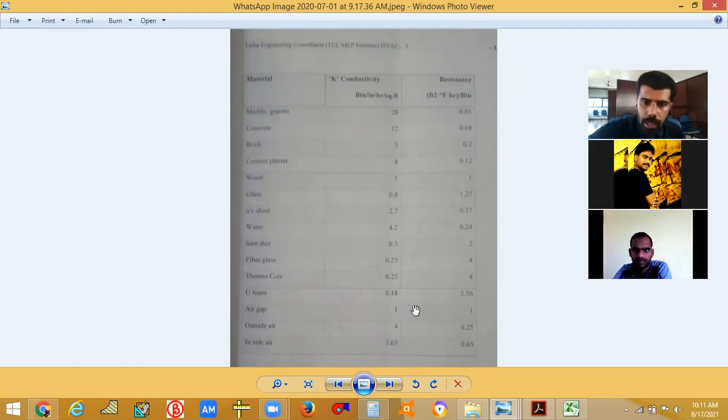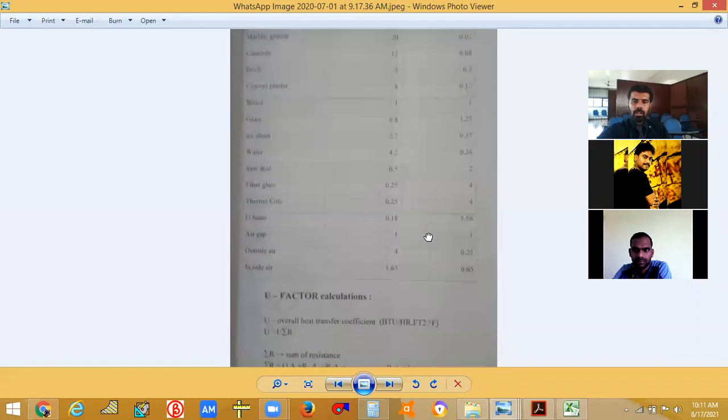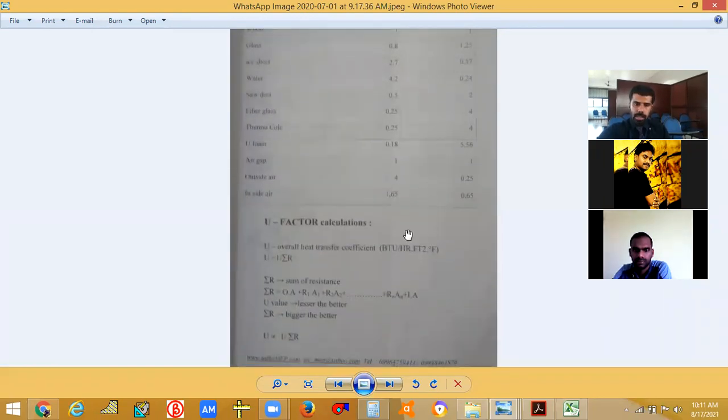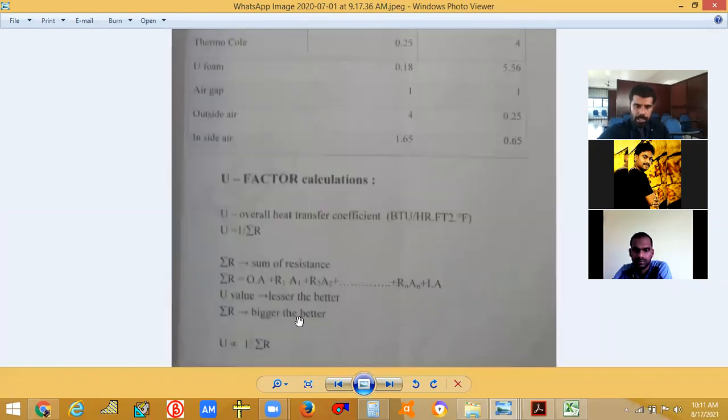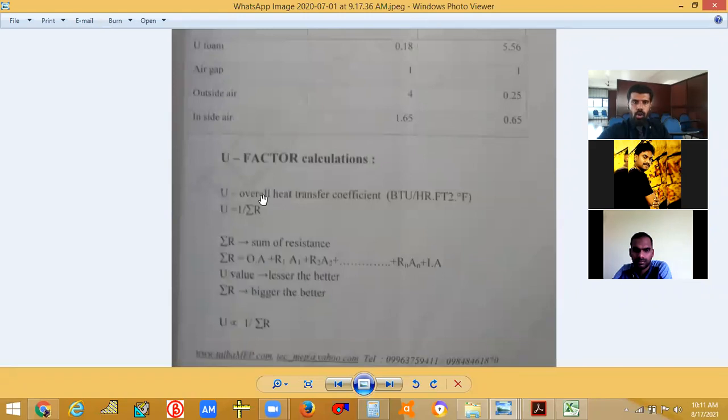Now you can write the heading U factor or U value calculation, and write this: U equals the overall heat transfer coefficient, and its unit is BTU per HR per square feet per degree Fahrenheit. We have to find the overall heat transfer coefficient of different materials.